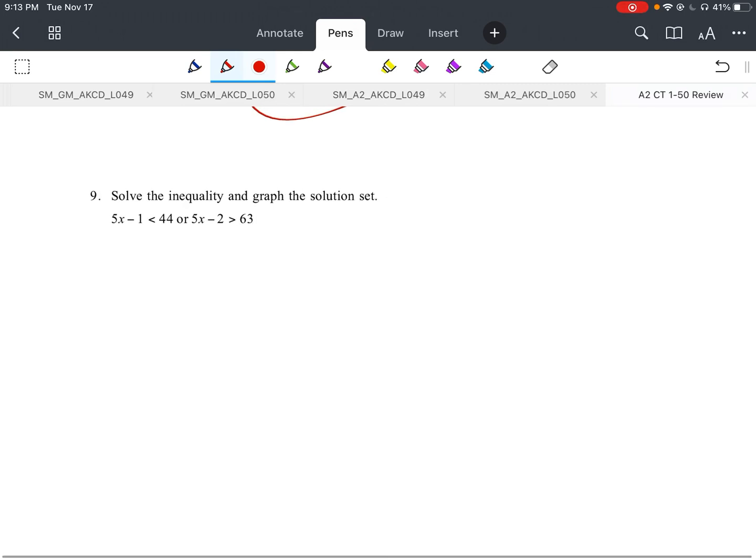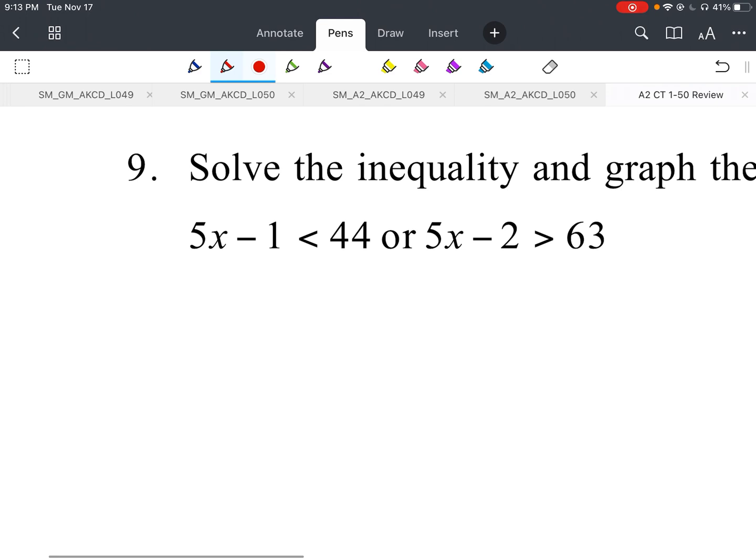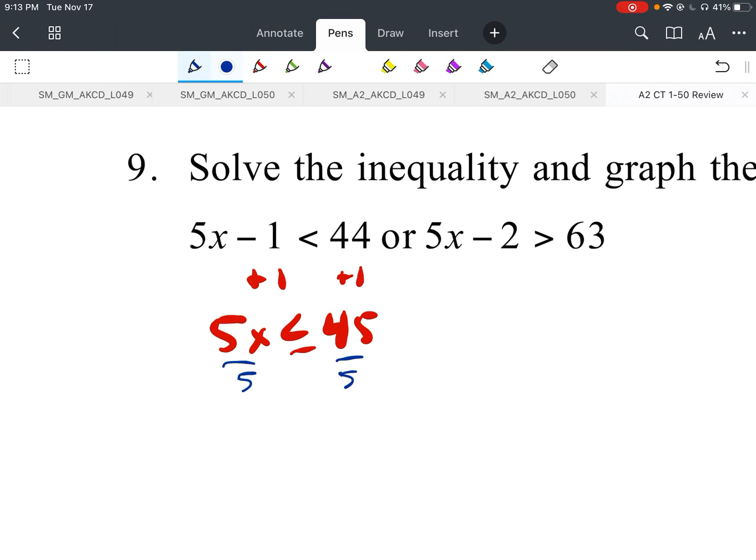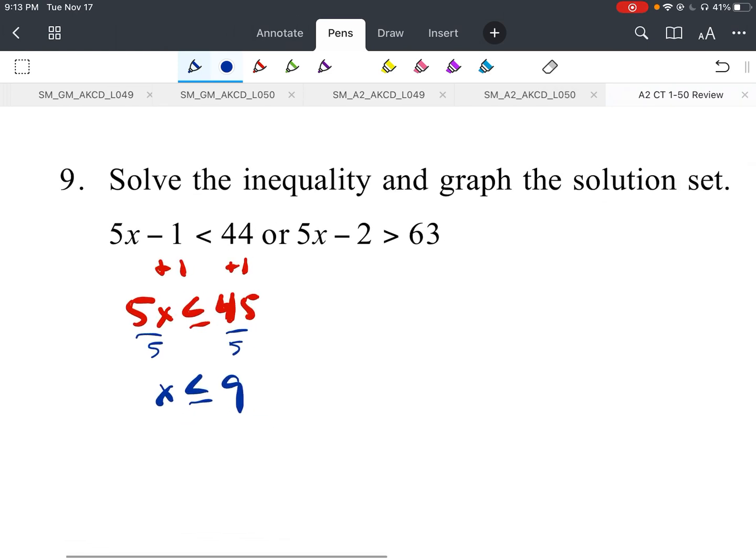Solve the inequality, graph the solution set. So let's just solve each of these inequalities real quick. This is going to be plus 1, plus 1. This is 45 less than or equal to 5x. Divide everybody by 5. And x is greater than or equal to 9. Okay, that was easy. And this is equally easy. Surprised they made it that easy.